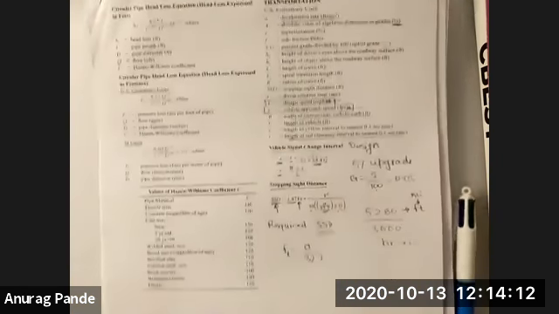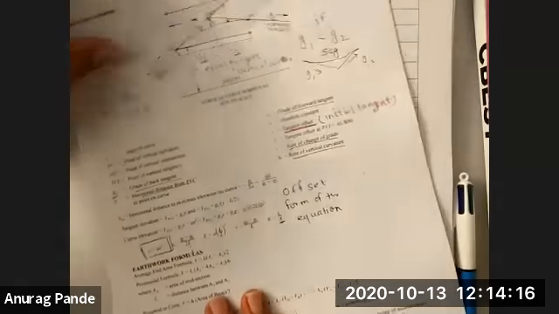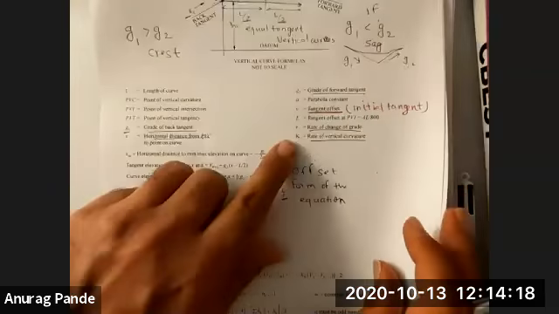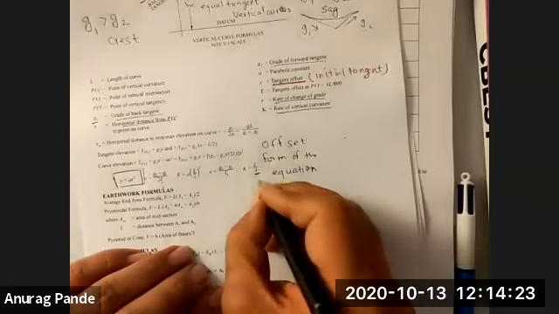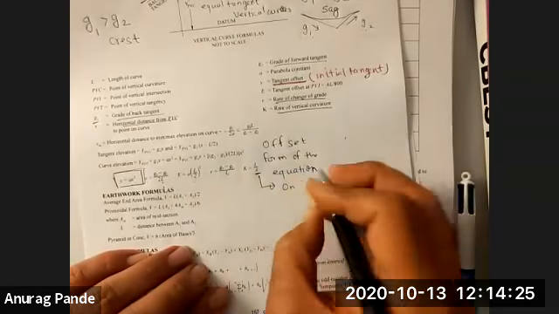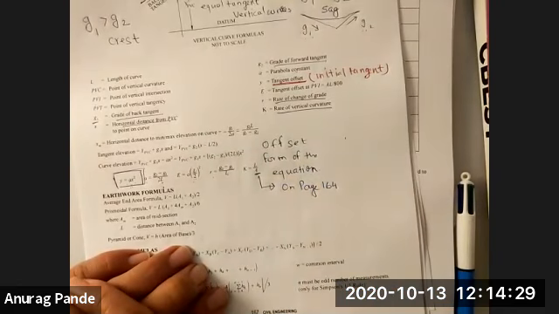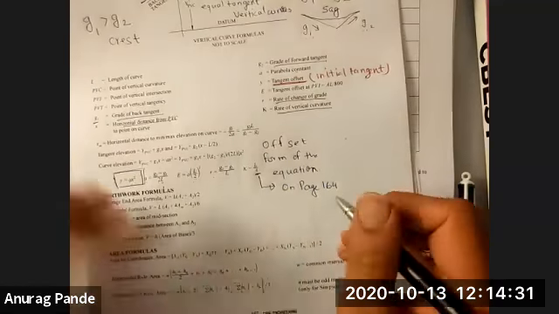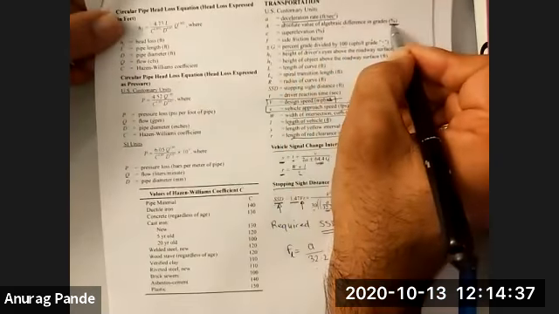So if I'm trying to figure out the value of K for any vertical curve, this A is defined on page 164 as the absolute value of the algebraic difference in grade as a percentage.